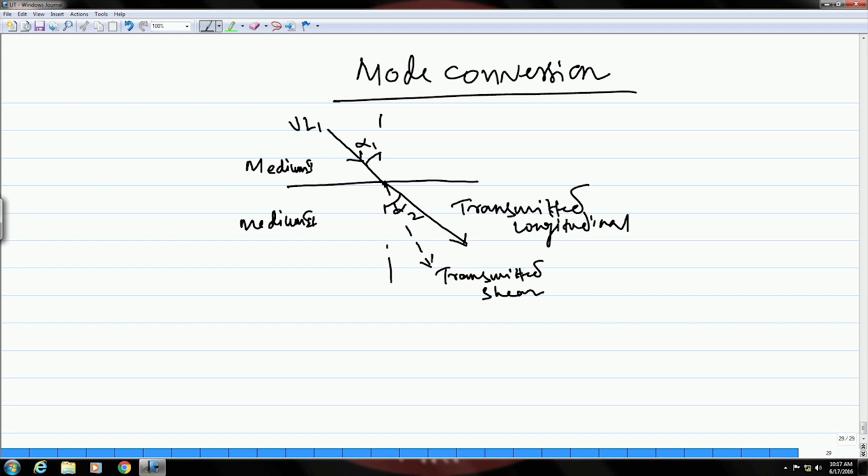Okay. So, if you want to exclude this transmitted longitudinal wave and only want to keep the shear, then you have to send it at a particular angle, and that angle can be found from Snell's law.